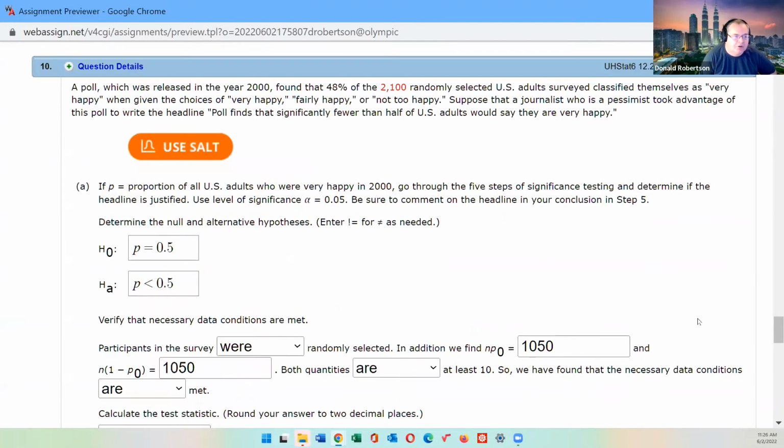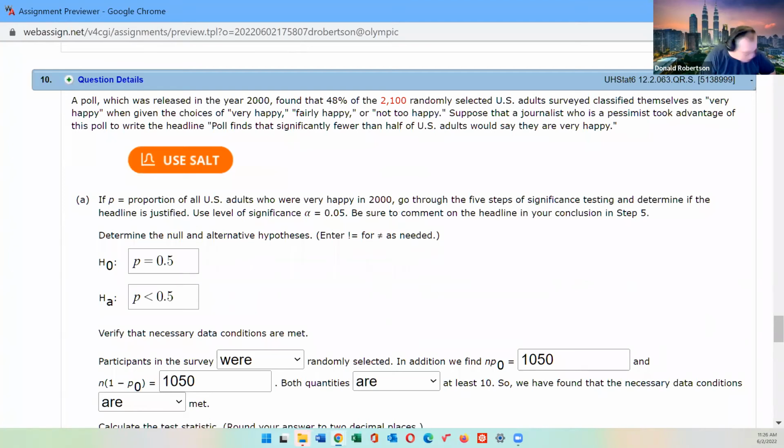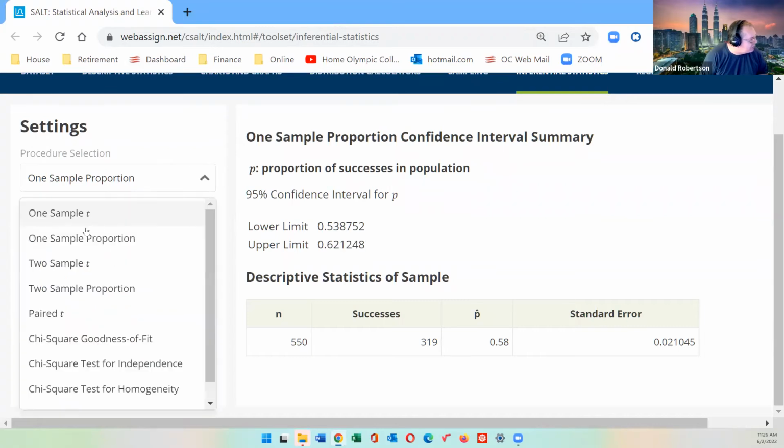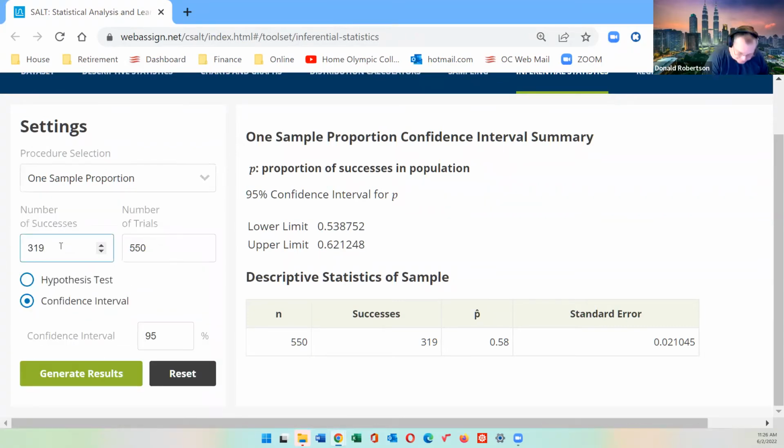So it's time to bring the software into play. Have I got all the numbers I need? Yes, I do. Okay, so, oh, I don't. It's 48%. Okay, so off screen, I'm going to do this calculation. One proportion. We have 2,100 people in our sample. And over here, we've got 2,100, and 48% of them were happy, which is 1,008.